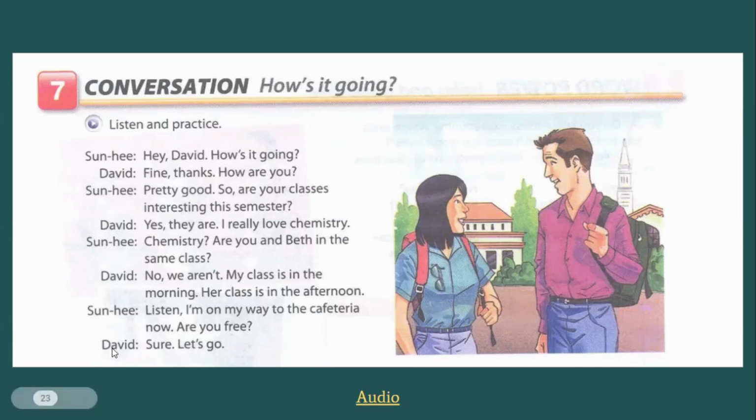The next conversation that we have is, how is it going? Okay, so we already know Sunny and David met before. So now they are meeting again and they are discussing how the classes are going. So I want you to read this conversation.